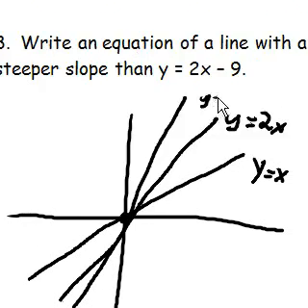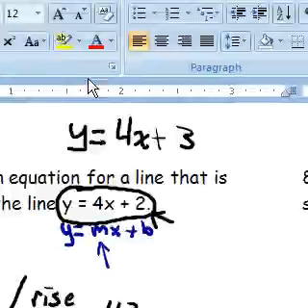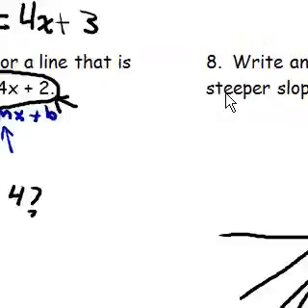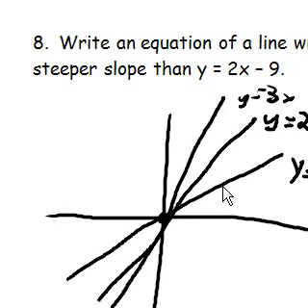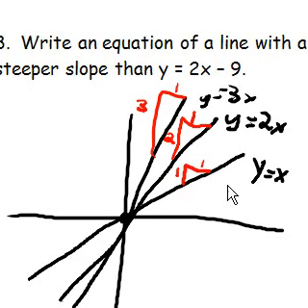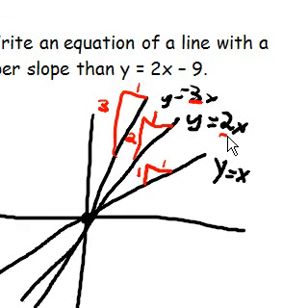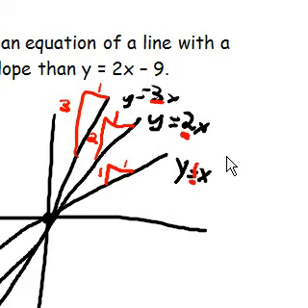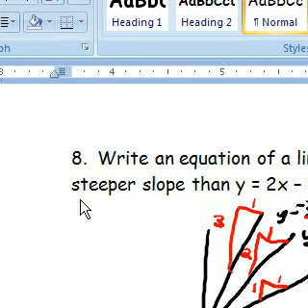That'd be y equals 3x, and the reason I'm drawing these is to illustrate that as we increase our rise and our run, see here, rise of 1, run of 1. For y equals 2x, rise of 2, run of 1. And for our 3x, rise of 3, run of 1. So that's 3 over 1. So as we increase that m, you can think of a 1 being right there, our line gets steeper.